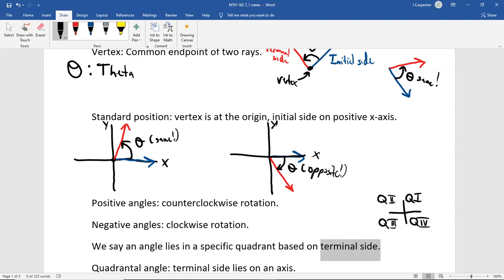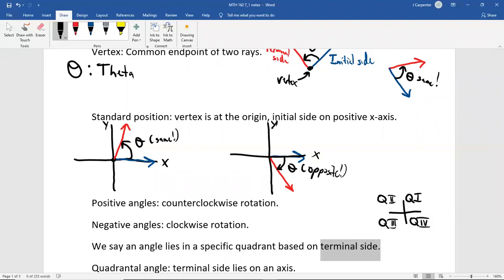Here's the reason. Because when your initial and terminal sides are on the positive x-axis, when they're the same line, we call that 0 degrees. And as that terminal side, the red one, swings, we go to 1 degree, 2 degrees, 3, 4, 5, 6, 7, 8, 9, 10, and so on, until we hit about 90 degrees. So from 0 to 90 degrees is in quadrant 1.